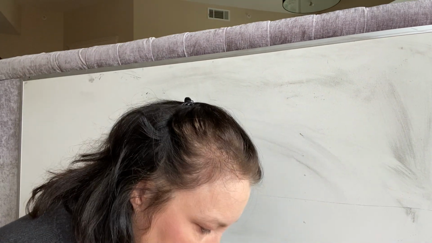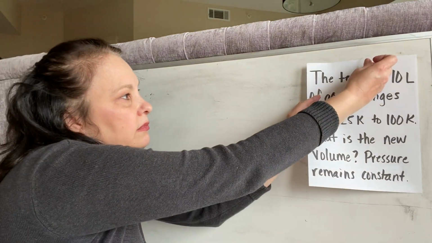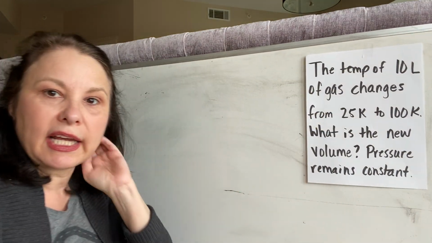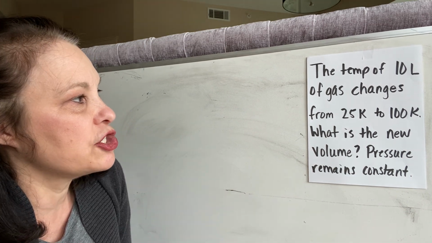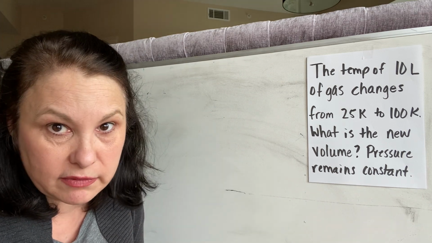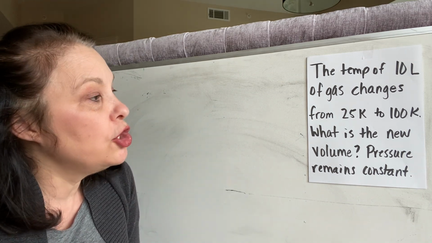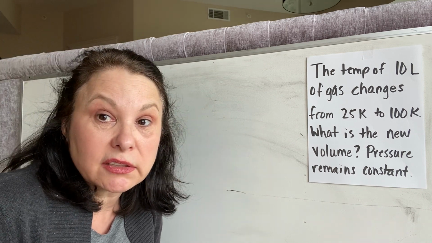Okay, we will take one that looks like this. It says, the temperature of 10 liters of a gas changes from 25 Kelvin to 100 Kelvin. What is the new volume? Pressure remains constant.